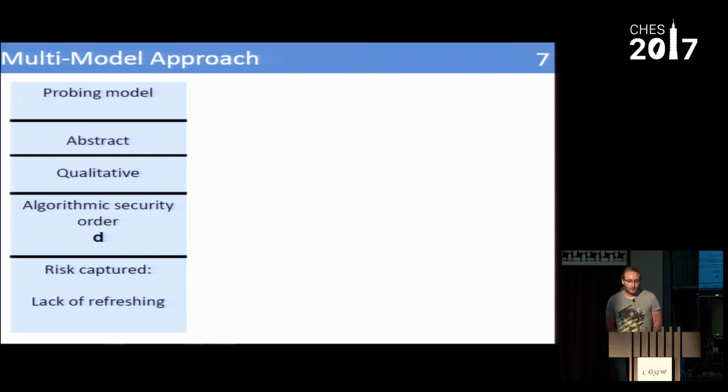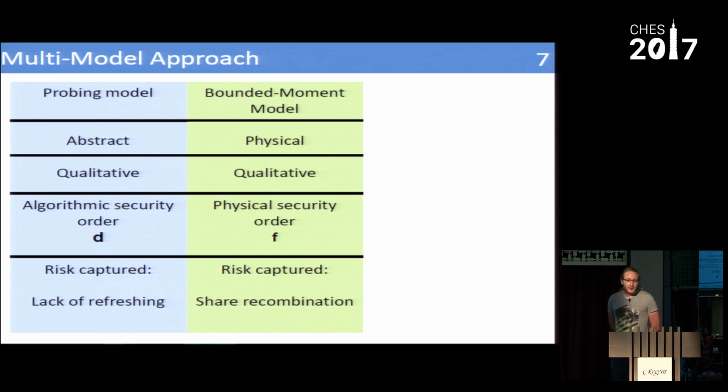First, we have the probing model. It's a more abstract model, from which we can deduce an actual algorithmic security order. Usually what we do is look at the algorithmic level, look at all the operations, and use, for example, formal methods in order to assess the security. We have a more intermediate model, which is the bounded moment model.